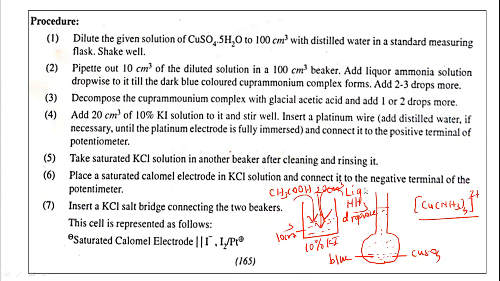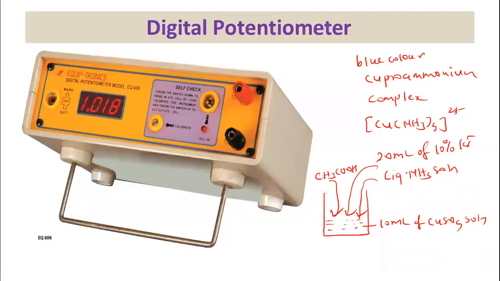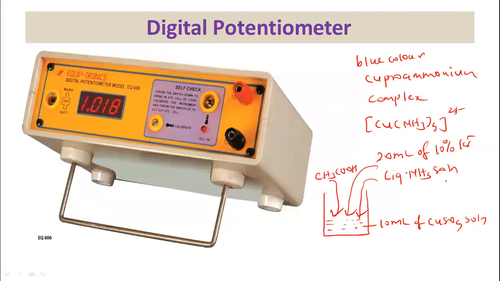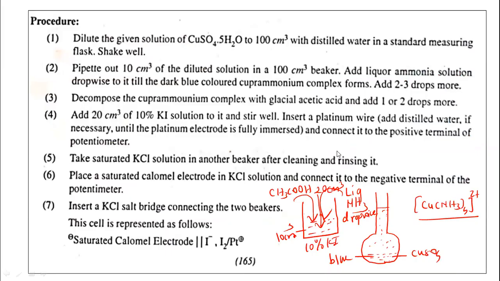Then we have to insert a platinum electrode into it. Dip the platinum electrode here. This is the platinum electrode. Then you can see what the next step is.